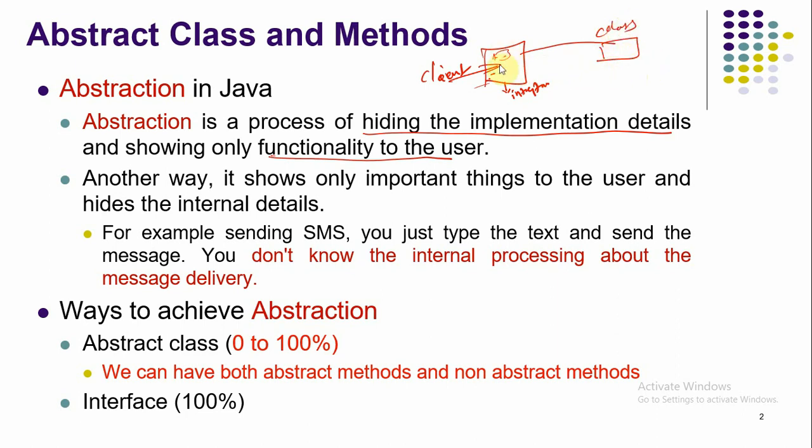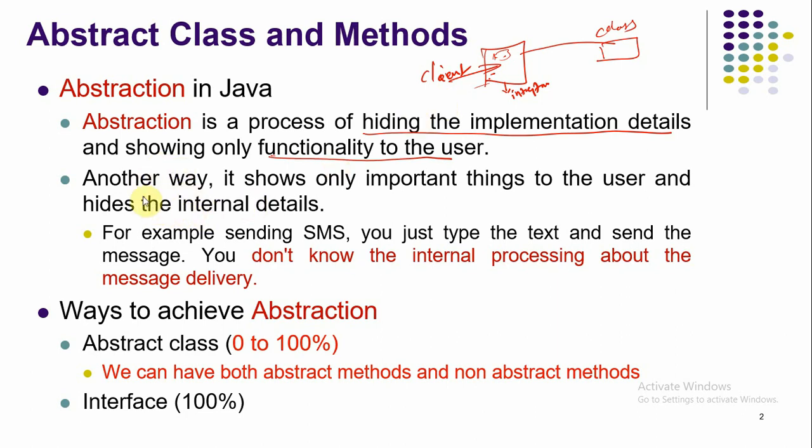So abstraction is nothing but hiding the real implementation and showing only the functionality to the user, so that for the customer it looks very simple to use the system. That is the primary advantage of abstraction.